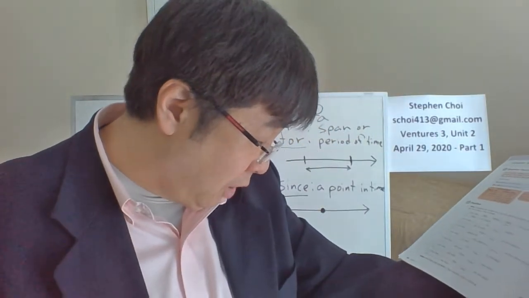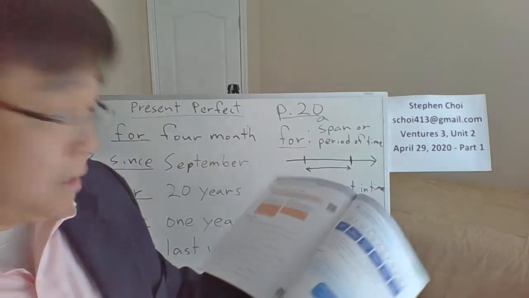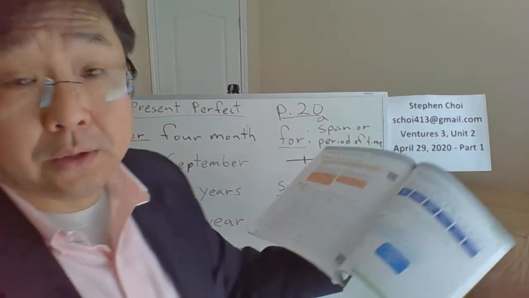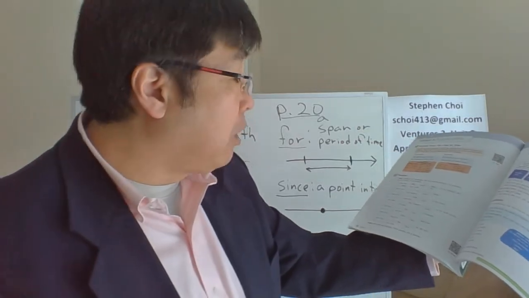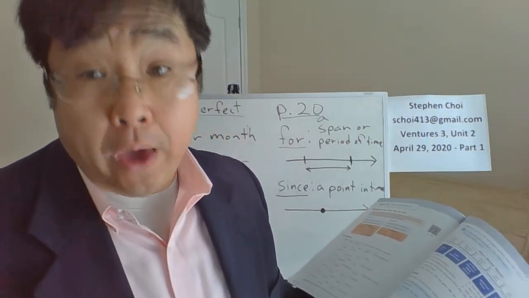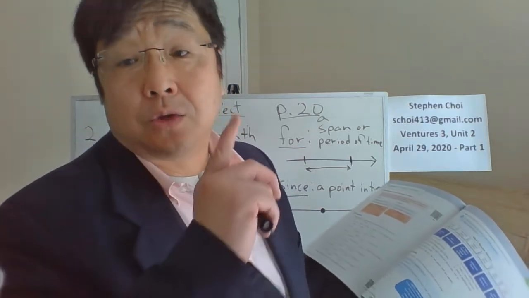Look at the last one. It says, how long blank Pete blank for the bus? And the verb is wait. Pete is third person singular, so how long has Pete, and wait is a regular verb: wait, waited.